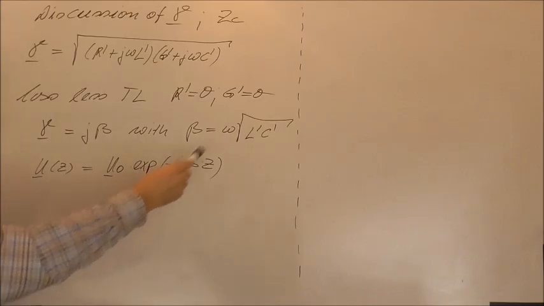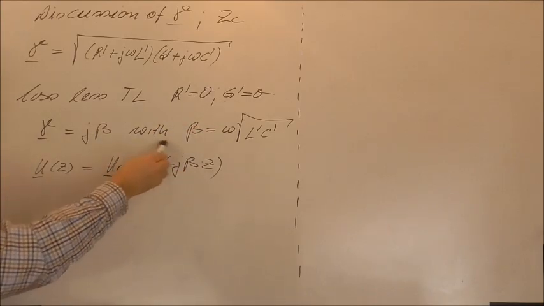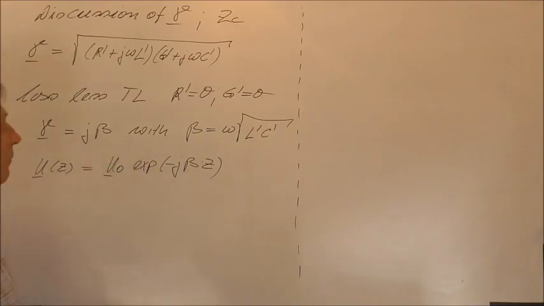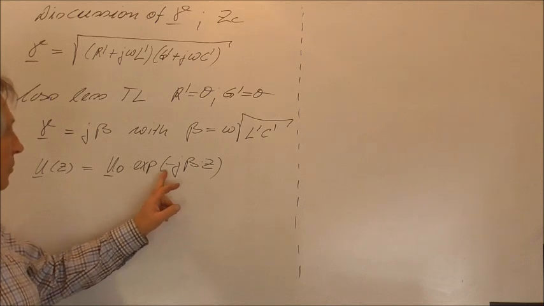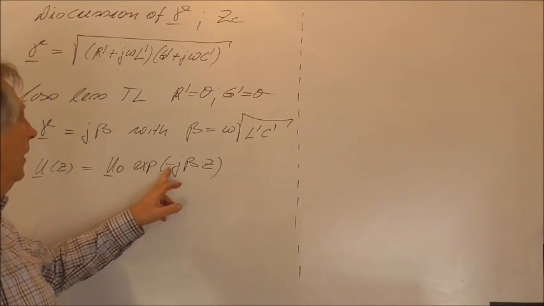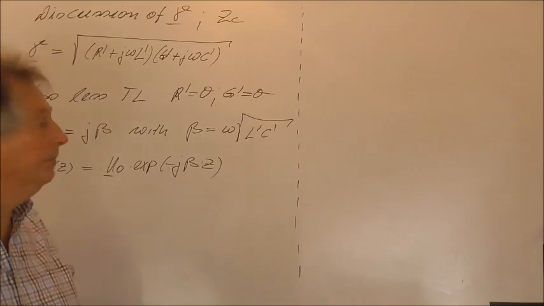And we saw in a mathematical sense, this exponential function will change the phase along the transmission line, and the phase change, due to this negative sign, will be in clockwise direction.